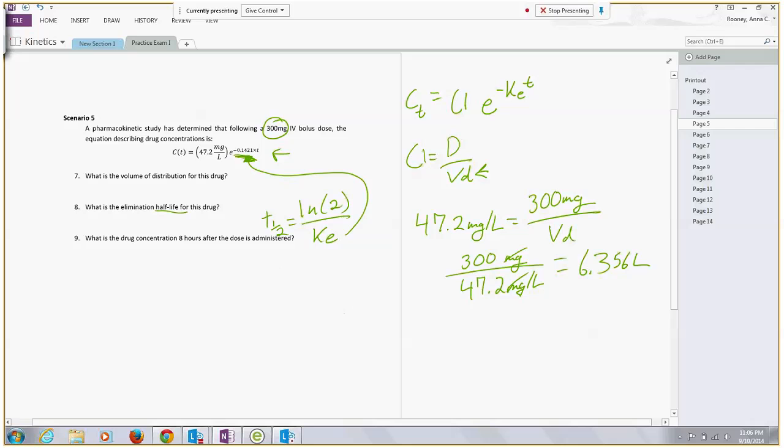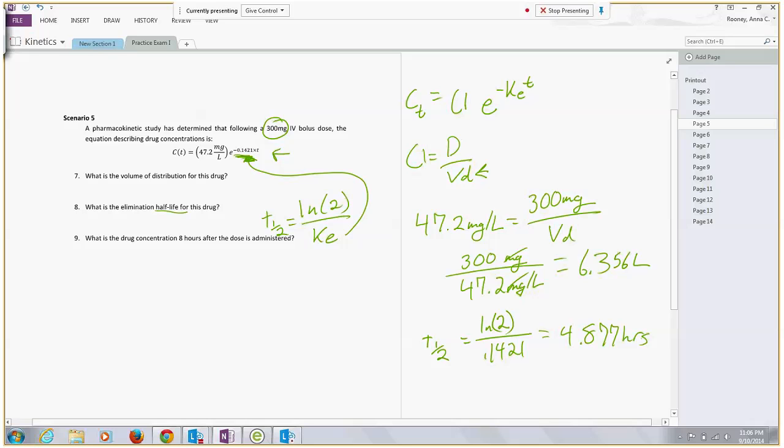So T 1/2 is equal to ln of 2 over 0.1421, and that is equal to 4.877 hours if you put that into your calculator.